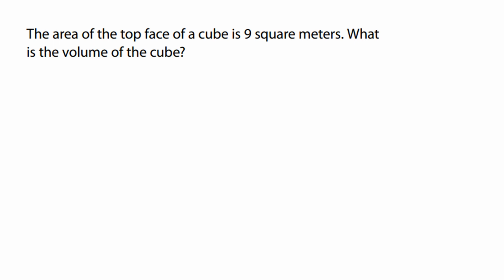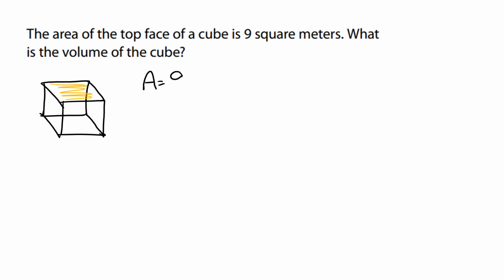So it says the area of the top face of a cube is 9 square meters. What is the volume of the cube? So for example, here's our cube. I can draw that. And I know that the area of this top square is going to be 9.